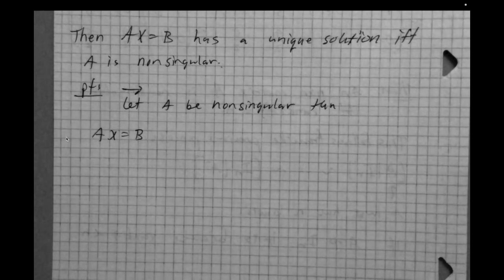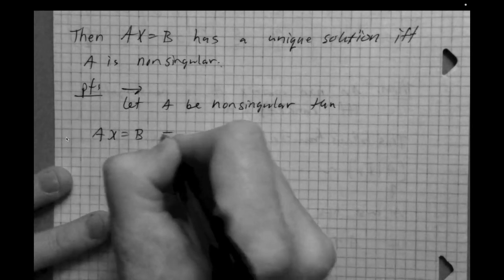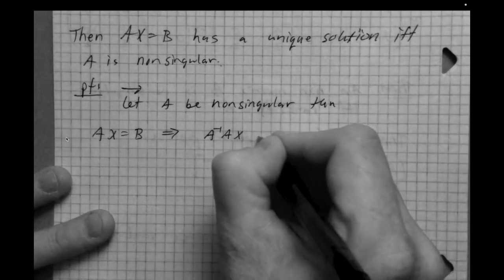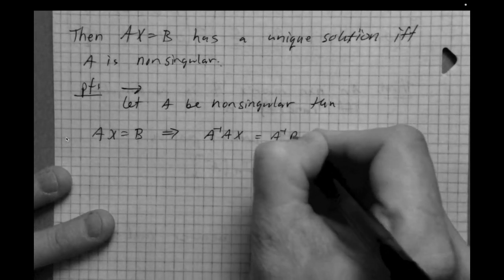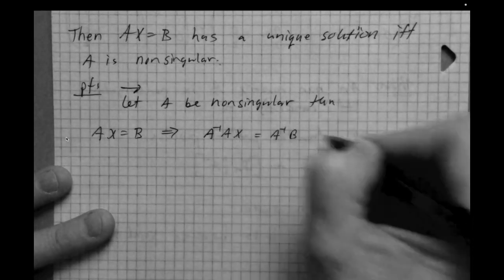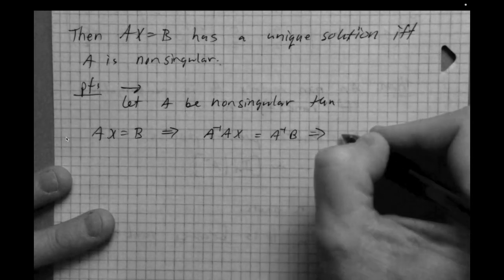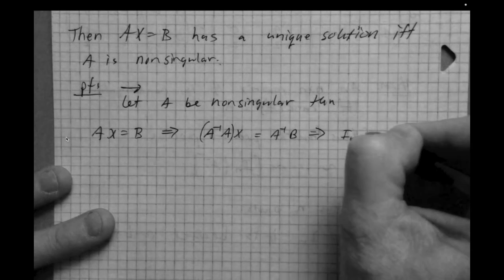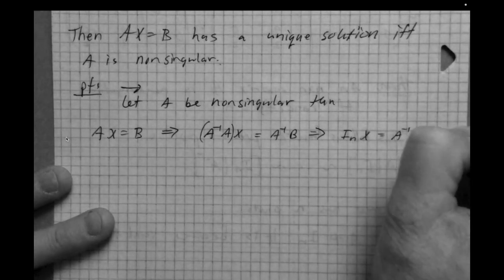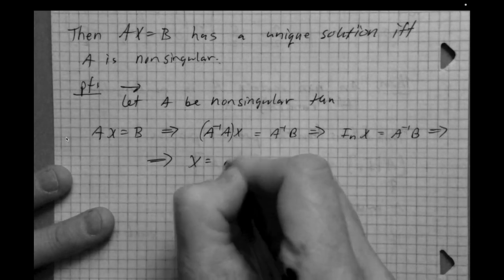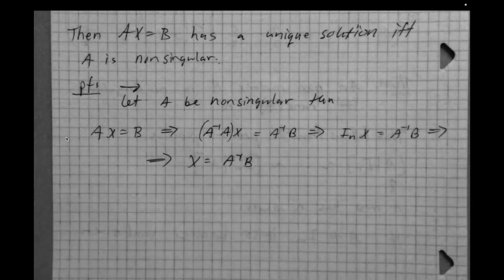If A is non-singular, that means it has an inverse, and so I can multiply both sides by the inverse. Obviously here I'm going to get the identity, so you can think of these two going together like that. And that's going to imply the result that x = A inverse times b.